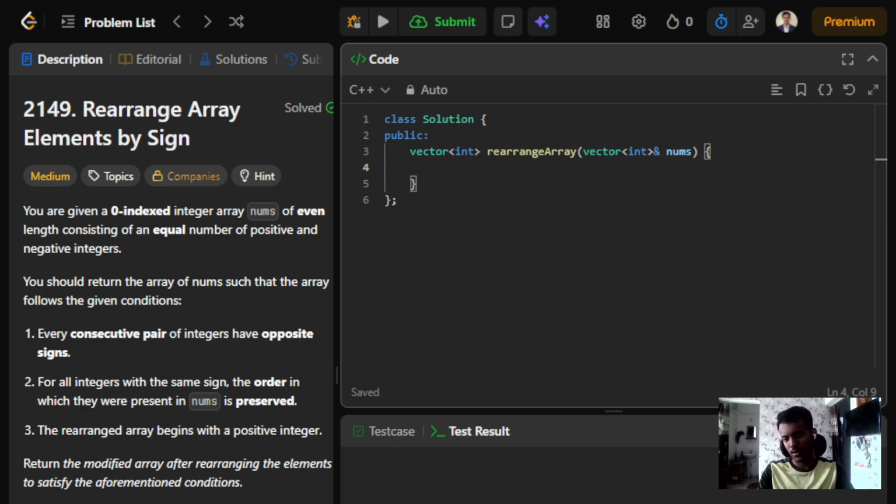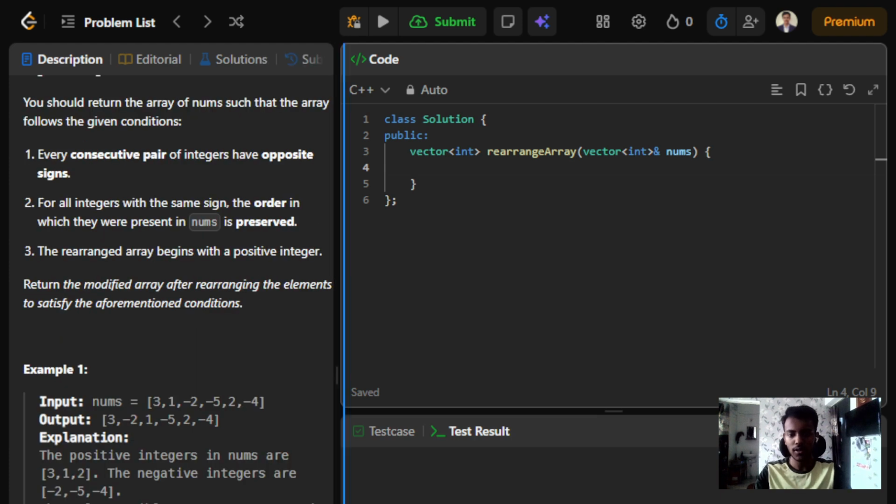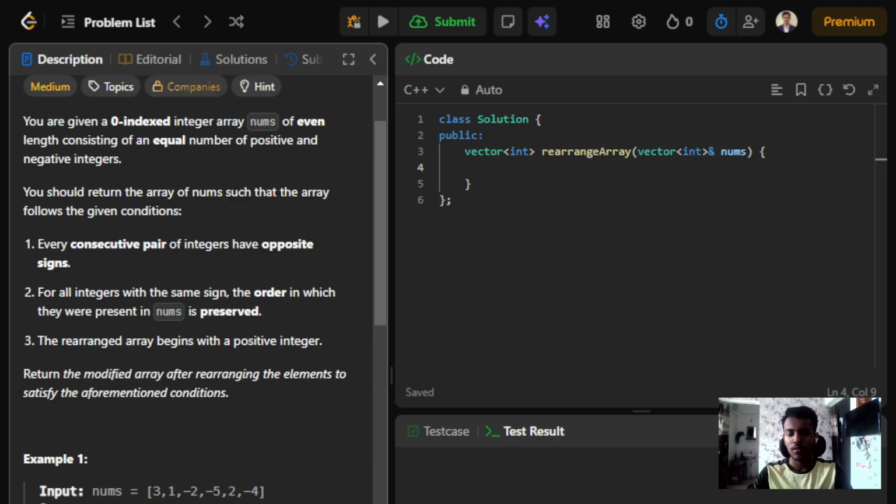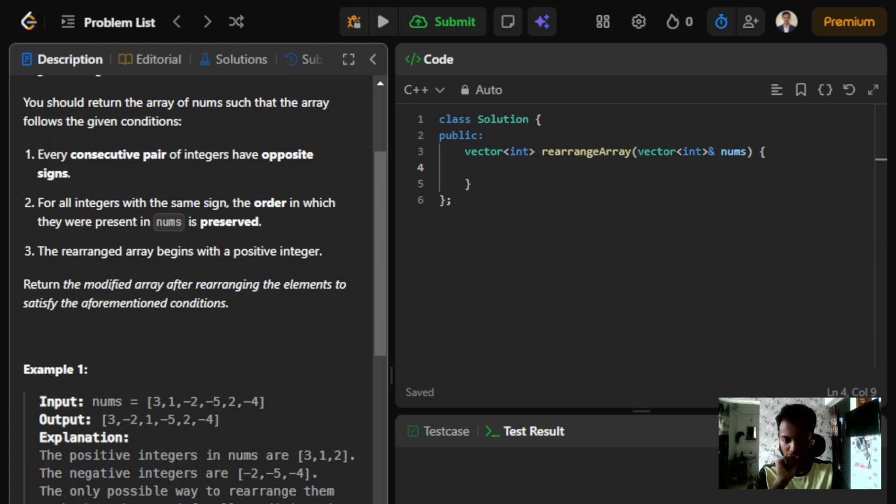What this question states is just that we have been given a mixed array of positive and negative numbers. We have to arrange the array in such a format that the numbers are in their respective ascending or descending order, like, not ascending or descending order, the numbers should be in the order as they were given in the original array.